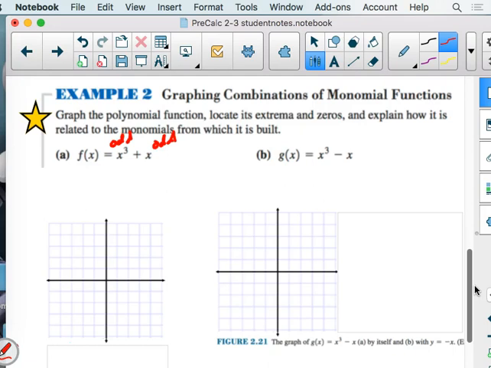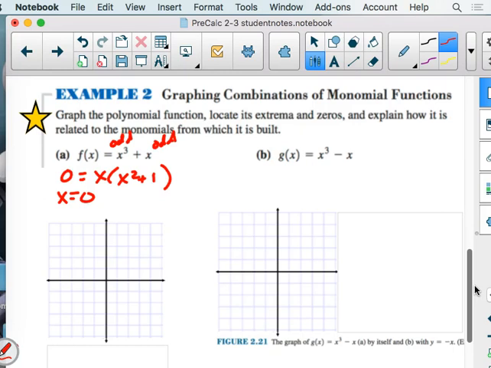So f of x equals x cubed plus x. Huh? Oh, I can find some easy points on this one because this is factorable. So if I make it 0, I at least figure out that it's going to cross at (0, 0), because if this is 0, the whole thing will be 0.